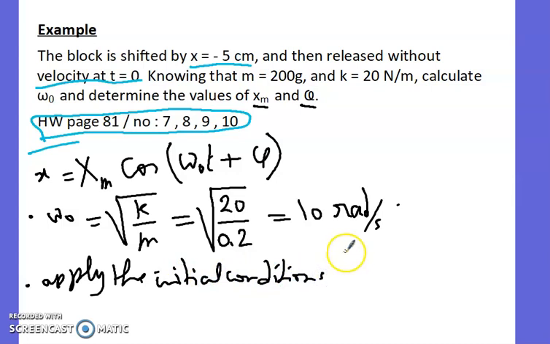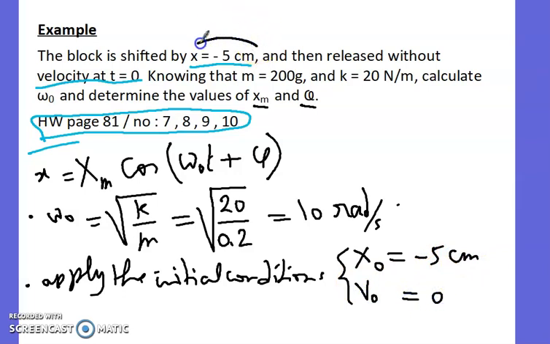What are the initial conditions here? At t equal to 0, the initial abscissa is minus 5 centimeter, and the initial velocity equal to 0. Good.